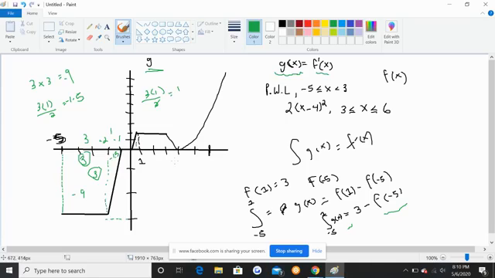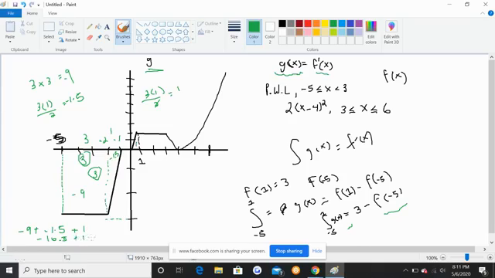So now, to get the area from negative 5 to 1 of g of x, all we have to do is add all these areas that we found. But remember, we have to keep those negatives, right? So we have negative 9 plus negative 1.5 plus 1, which is equal to negative 10.5 plus 1.